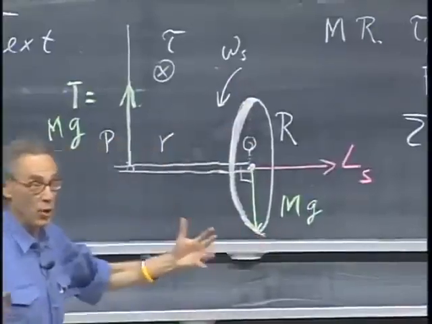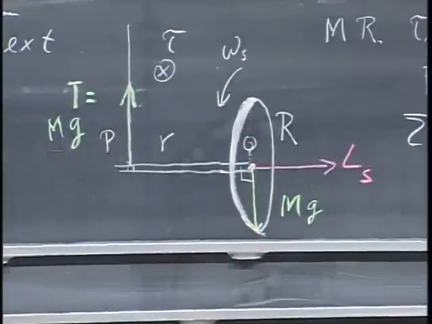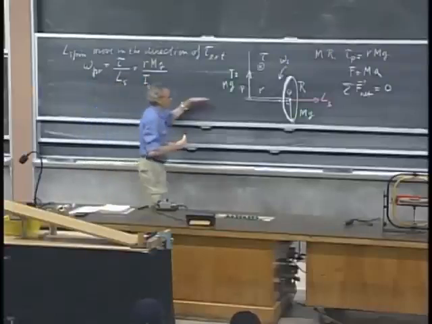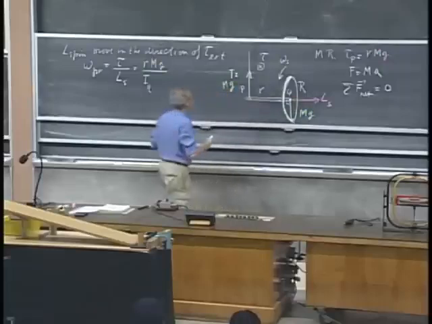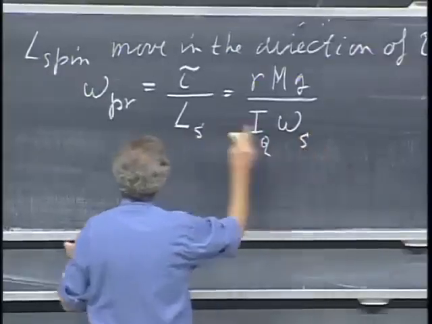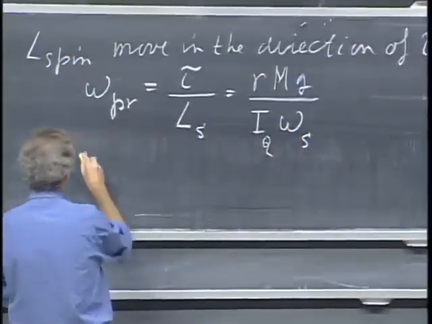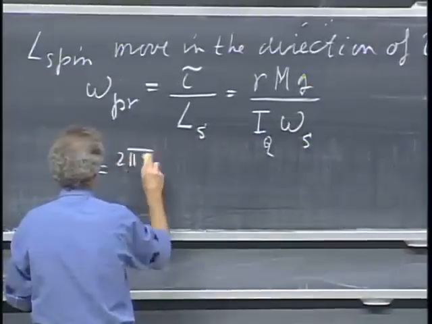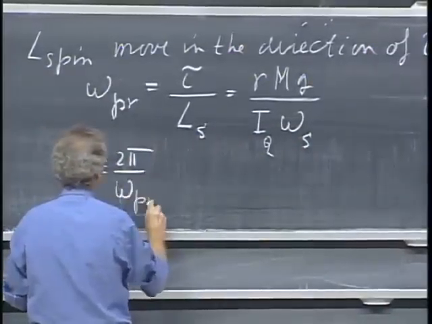Remember, L is I times omega of a spinning wheel. So I have here I rotating about point Q. This is the axis of rotation, times omega of the spin. This is the spin, and this is the precession. And then the period of precession would be 2 pi divided by omega precession.